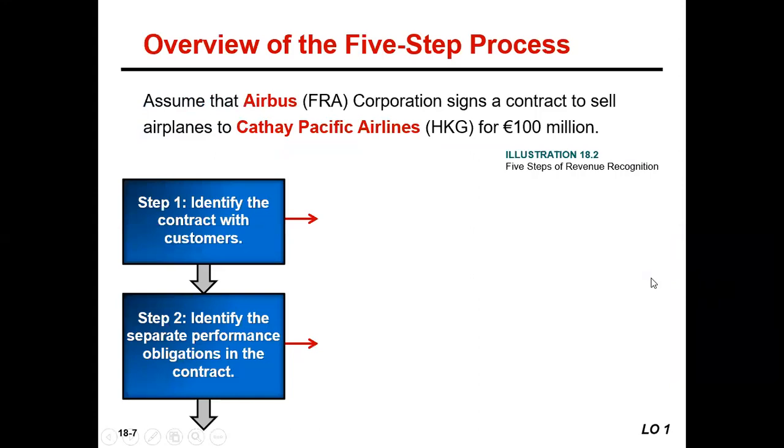So we have an example here. Assume that Airbus from France, of course, a corporation, signs a contract to sell airplanes to Cathay Pacific Airlines, Hong Kong, for 100 million euros. So first, step one, identify the contract with customers.